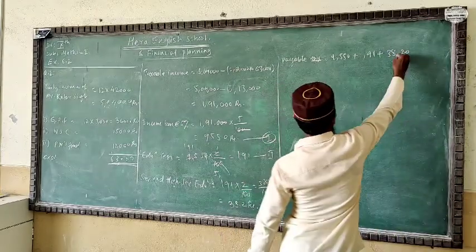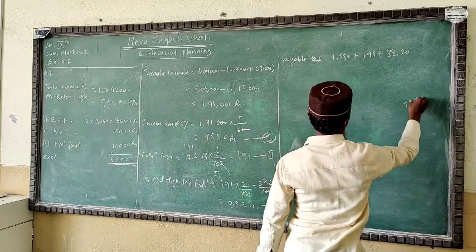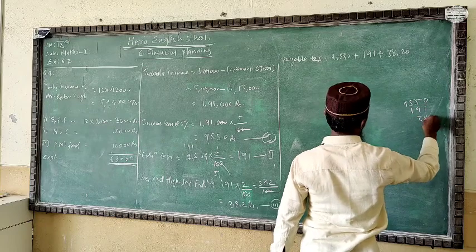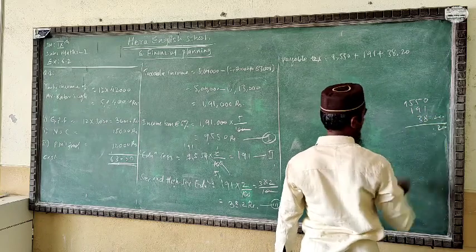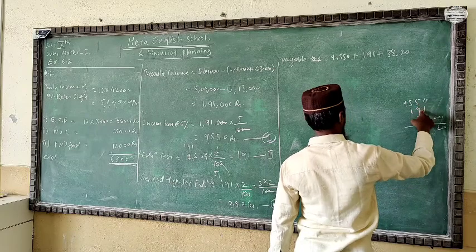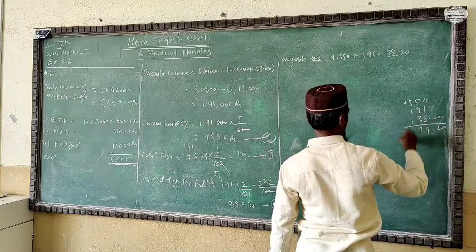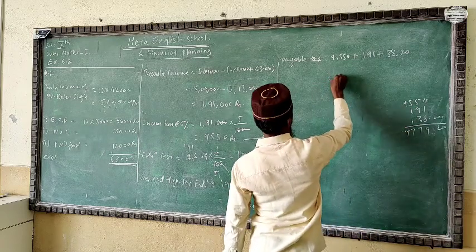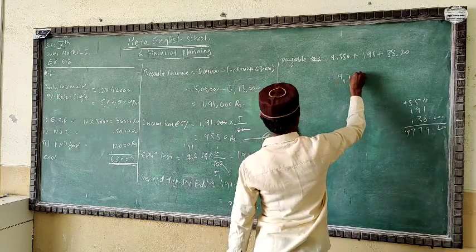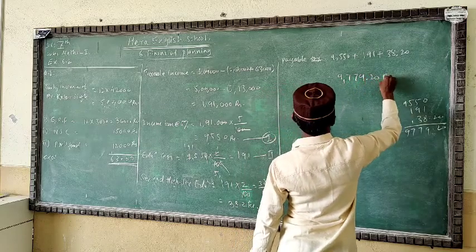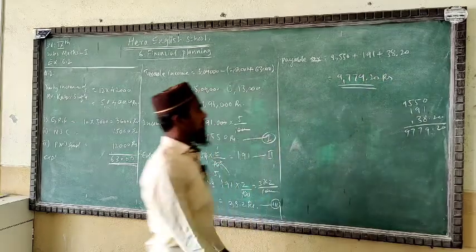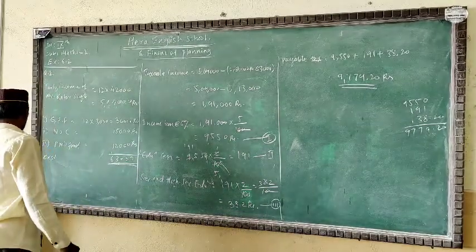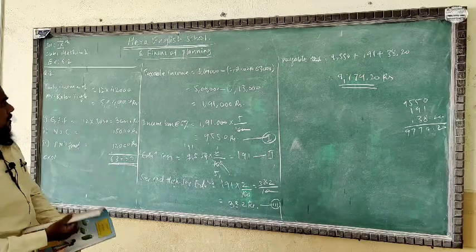Okay, here see very well, adding is there: 9550, 191, 38.20 will be as it is, 8 plus 1 is 9, 5 plus 9 is 14 plus 3 is 17, 1 carry, 5 plus 1 is 6 plus 1 is 7. Here we got 9,779.20 rupees is the total income tax which is paid by Kartar Singh. Okay, this is the complete tax he will pay. Mr. Kartar Singh will pay this one.